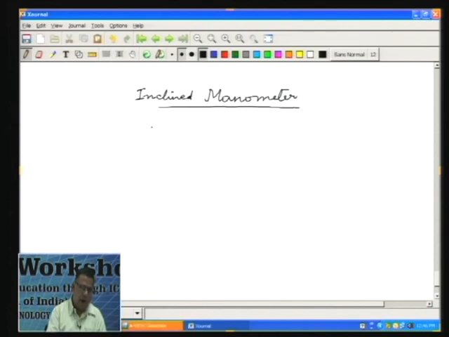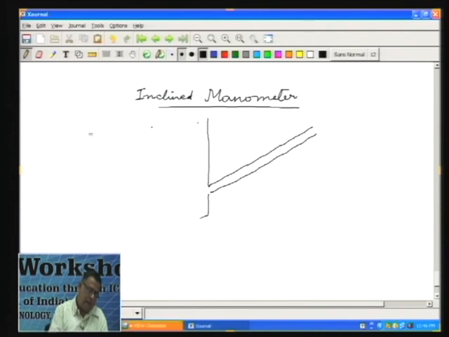Here what you have is an inclined tube, and you have a container here which has the manometer fluid, which is a liquid.